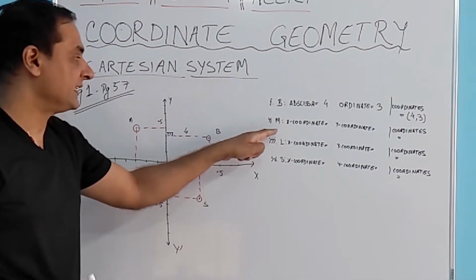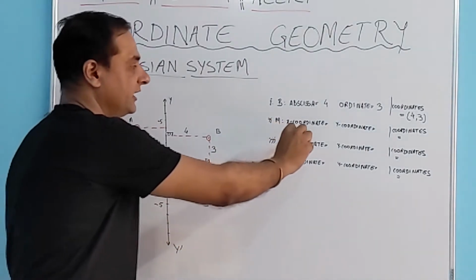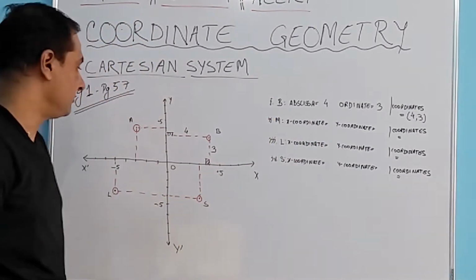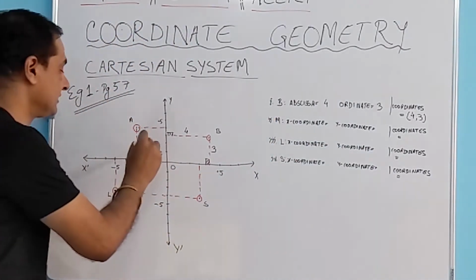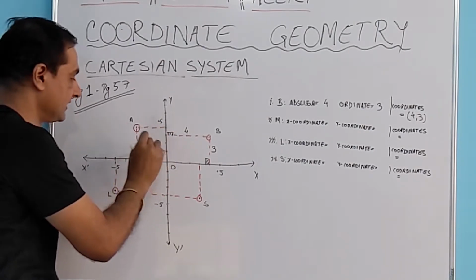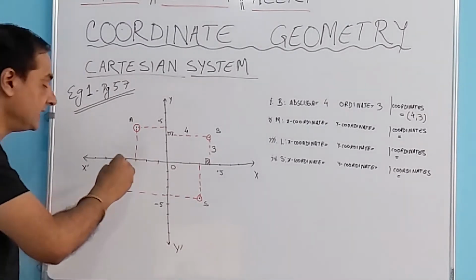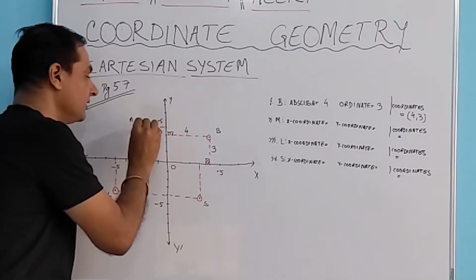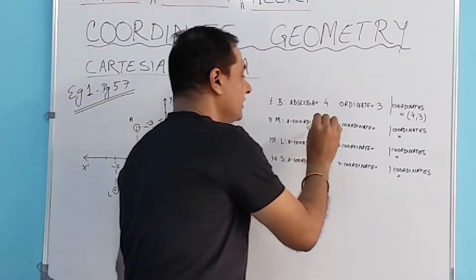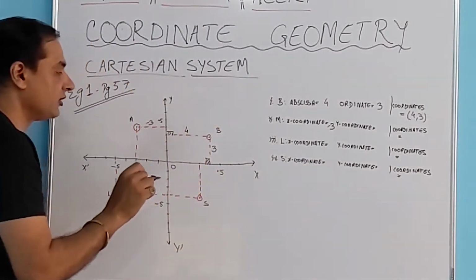Let's move on to the second question, which is for point M. What is the x coordinate, what is the y coordinate, and what are the coordinates for point M? We look at point M. The x coordinate again is the perpendicular distance from the y-axis, and this comes out to be 3. But this is the negative direction, so it is going to be -3. So we write x coordinate is -3. What is the y coordinate?